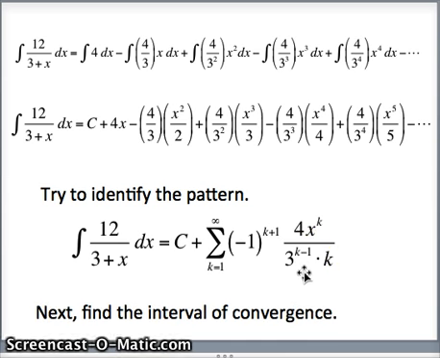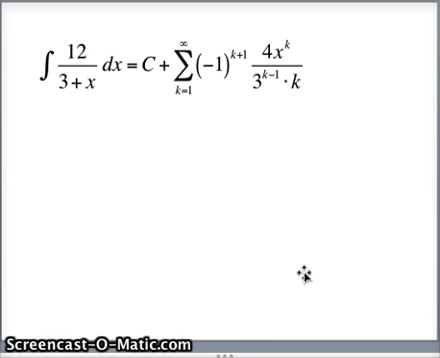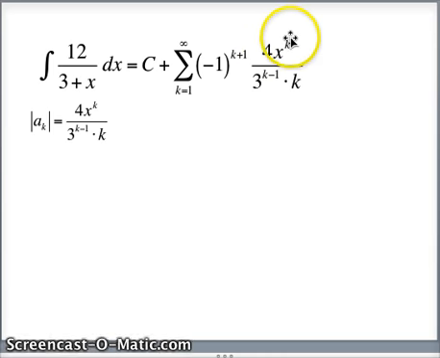So can we find the interval of convergence for this function, or this family of functions? So we've got the absolute value of a sub k is 4x to the k over 3 to the k minus 1 times k. By taking the absolute value, we lose the sign flipper.